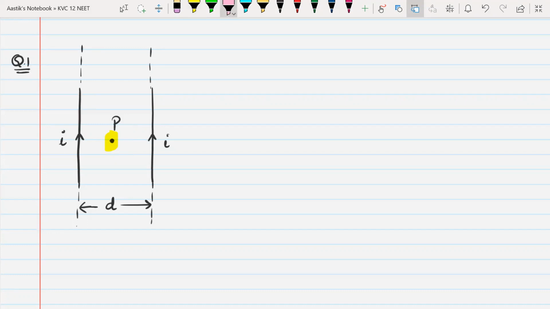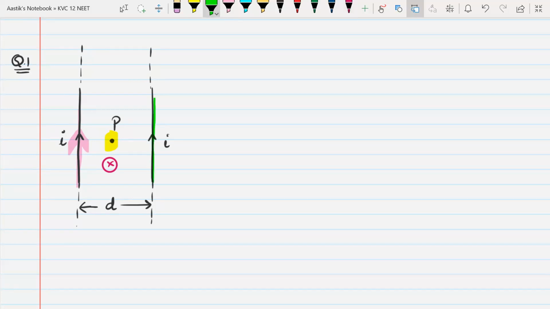If I call this wire the pink wire, in which direction will the pink wire create field at point P? Inwards. The pink wire will create field in the inward direction.